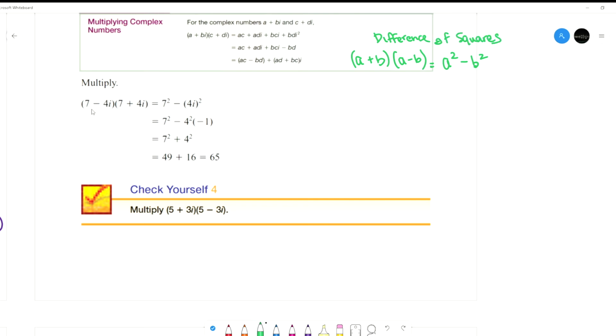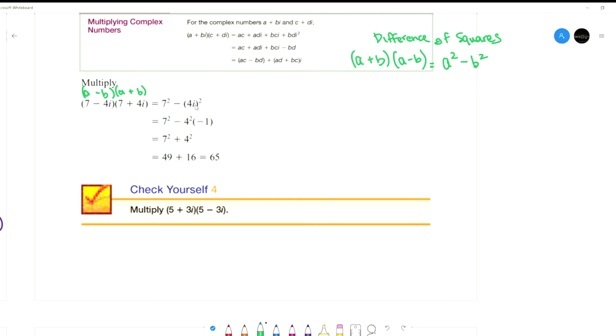So as you can see here, this is like my A minus B, and this is like my A plus B, right? A is 7, B is 4i. So if I were to follow this formula, you have A squared, which is my 7 squared, and then minus B squared, which is my 4i squared.